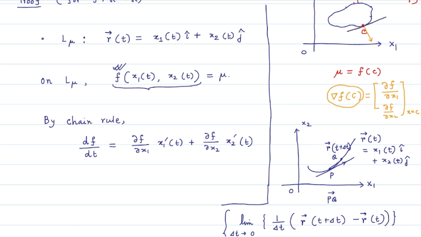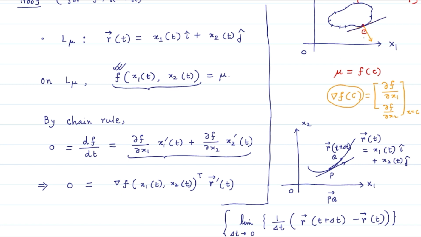As the function value f is constant on L mu, if we take the derivative on the left hand side, we will get the value 0, and therefore we simply get 0 is equal to this expression, which is the dot product of the vectors grad f at any general point on this level curve and the direction of tangent at the parameter value t. In particular, we choose the value of t, say t equals t naught, so that at t naught we get this point C on this level curve.